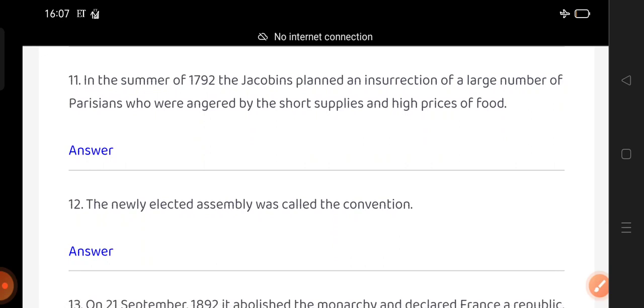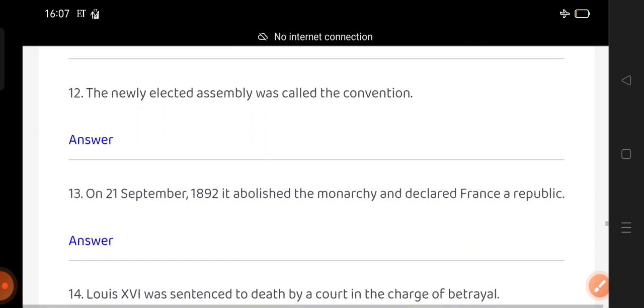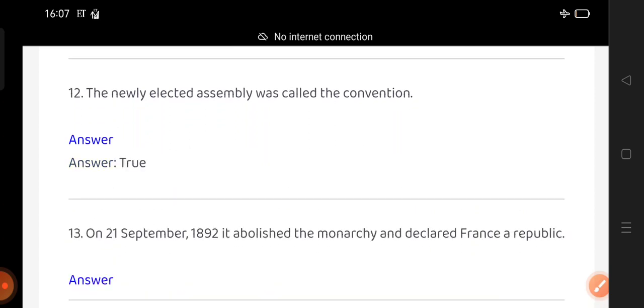11th, in the summer of 1792, the Jacobins planned an insurrection of a large number of Parisians who were angered by short supplies and high prices of food. True or false? So the answer, true. The newly elected assembly was called the convention. True or false? True. Now the next one.